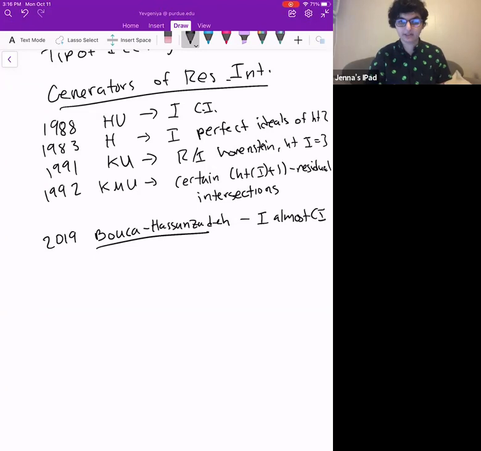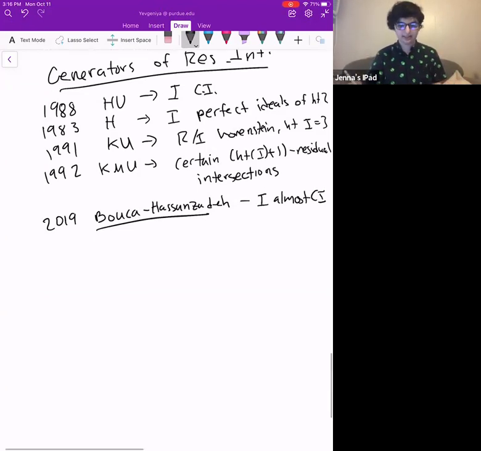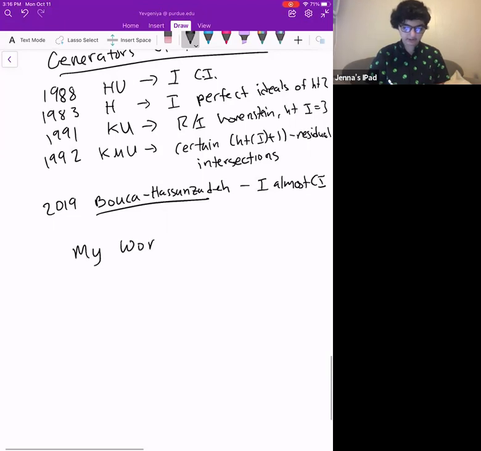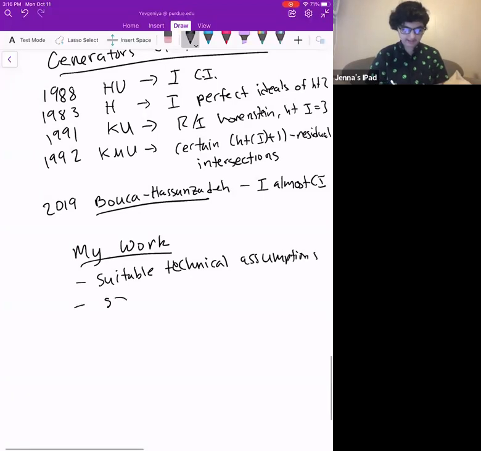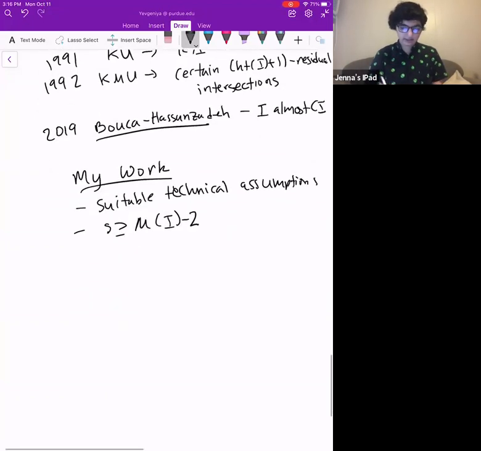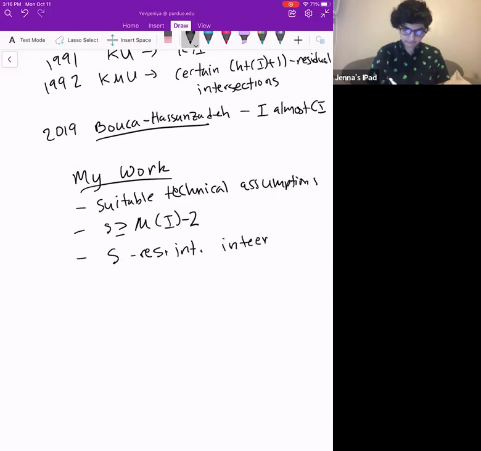And some of you might have actually heard me give this talk, but I currently have a preprint that says under suitable technical assumptions, if S is greater than or equal to the number of generators of I minus 2, then we can express S residual intersections of I in terms of mu of I minus 2 residual intersections.